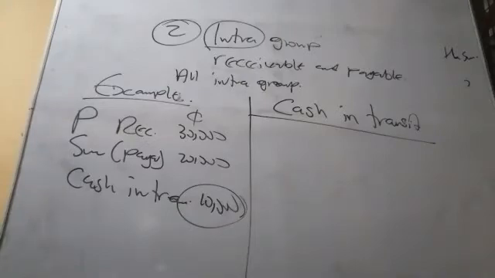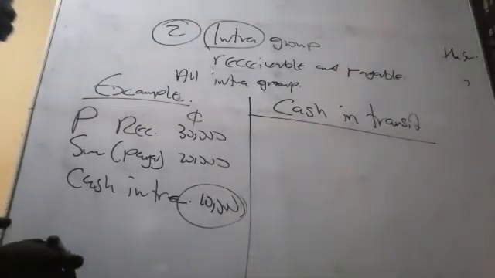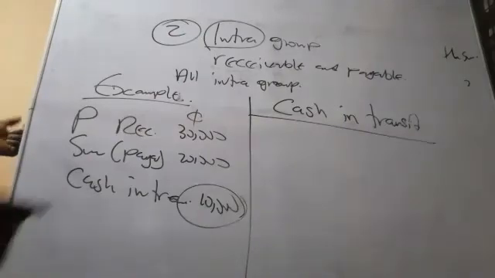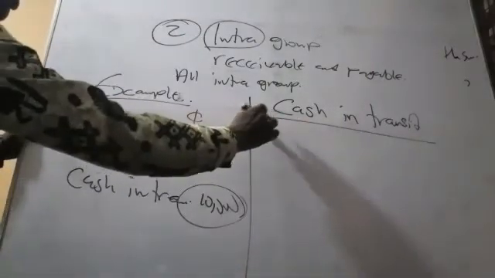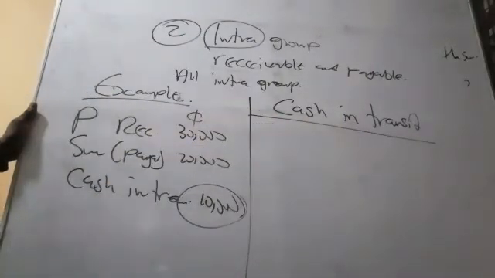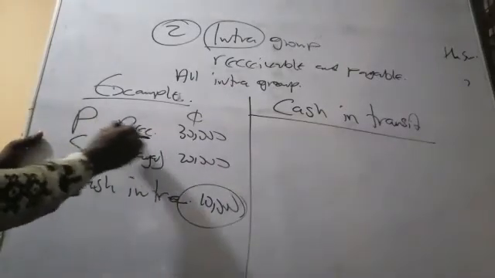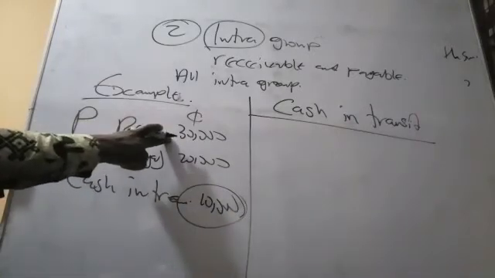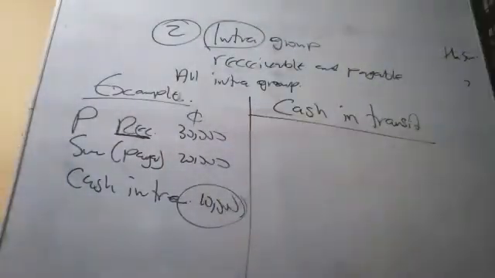When the receiving company receives, what do you think will happen? First, the amount that's yet to be received has to be reduced, right? Yes, because we are going to assume that the parent has received the money.